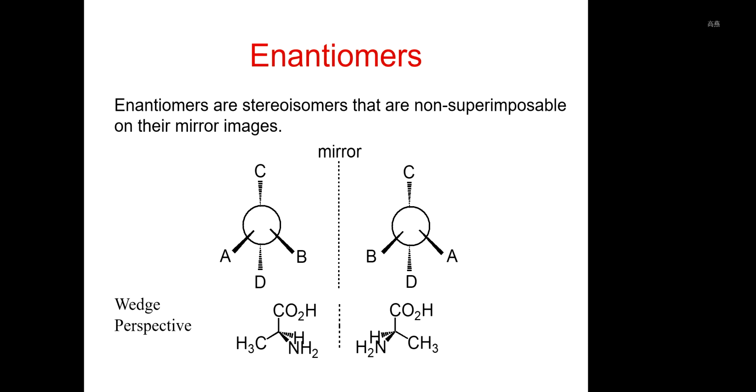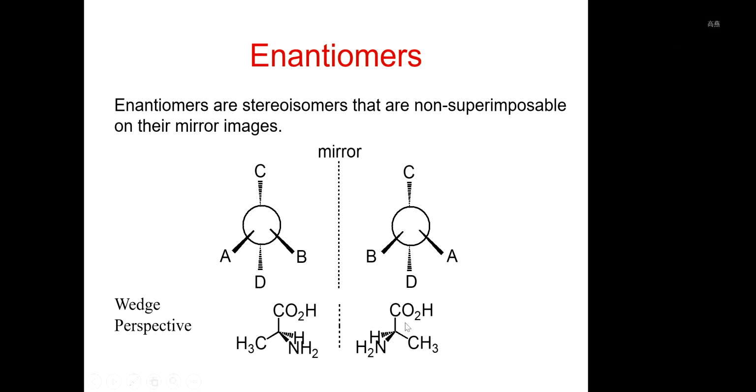For example, the alanine that we just talked about. For alanine, the carbon atom is linked with different groups. It is an amino acid, which means it has both an amino and a carboxylic group, and the carbon atom is linked with a hydrogen atom and a methyl group.